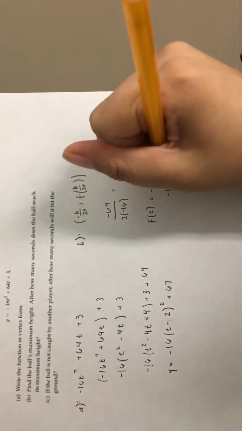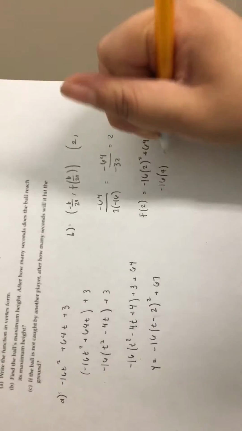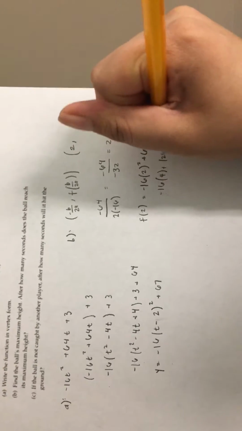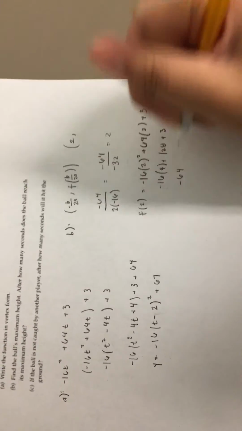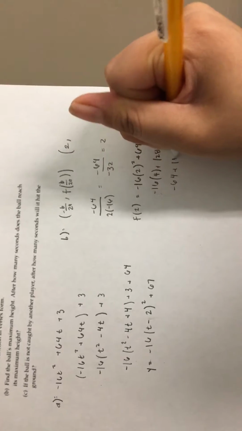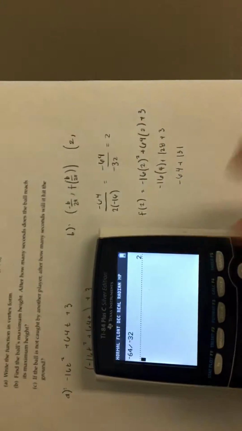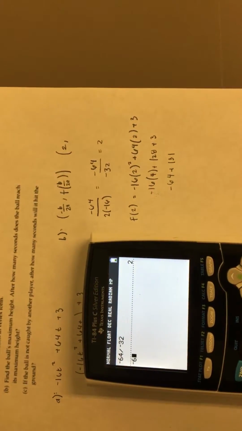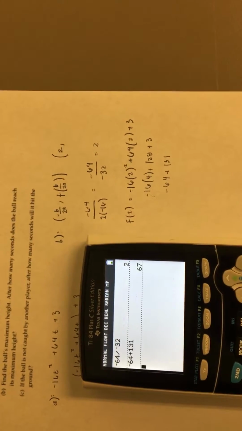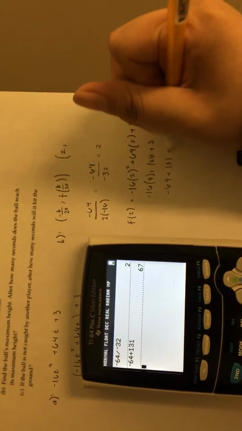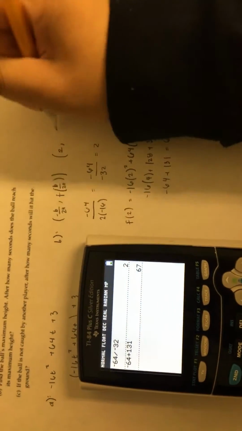Okay, now we have negative 16 times 4 plus 128 plus 3 gives us negative 64 plus 131, which gives us 67.